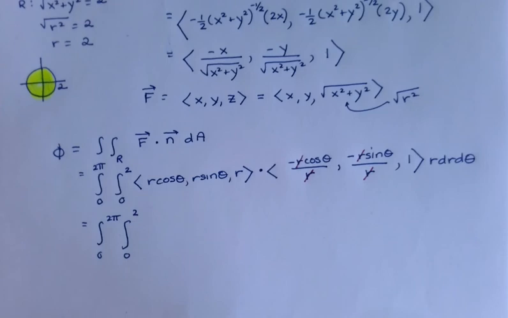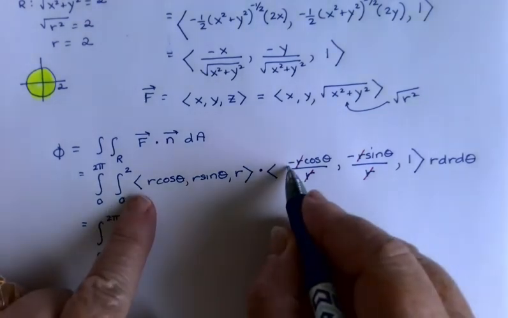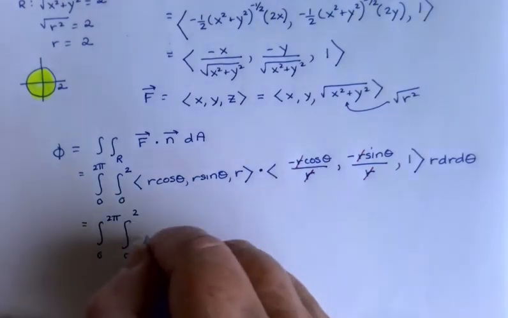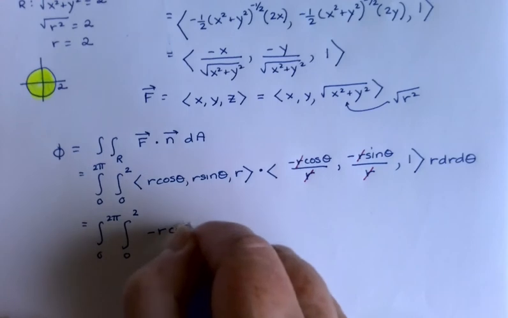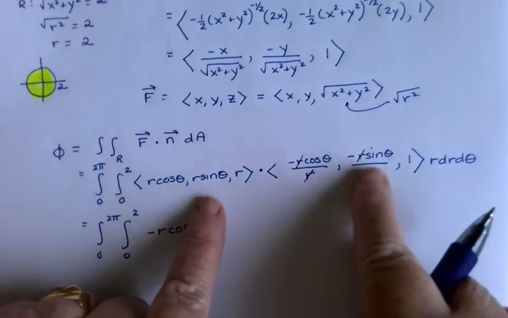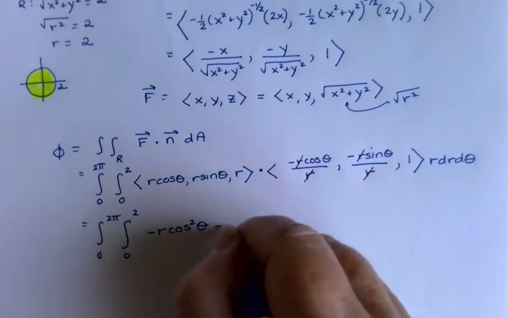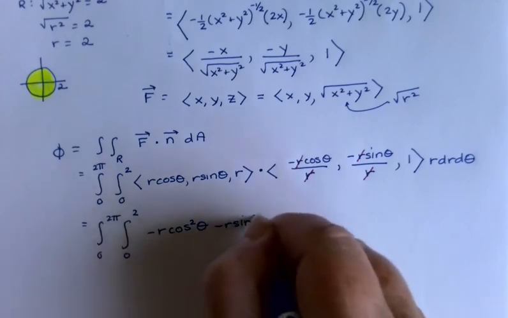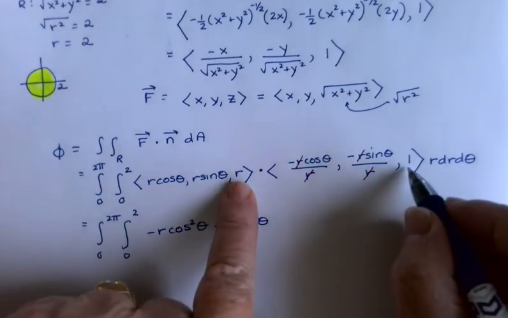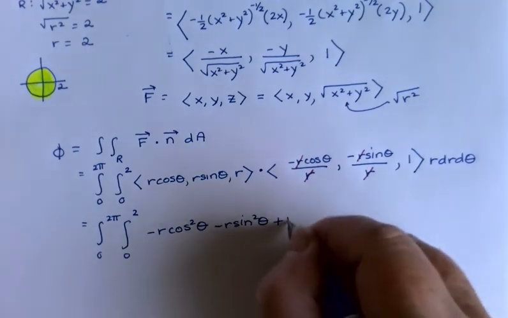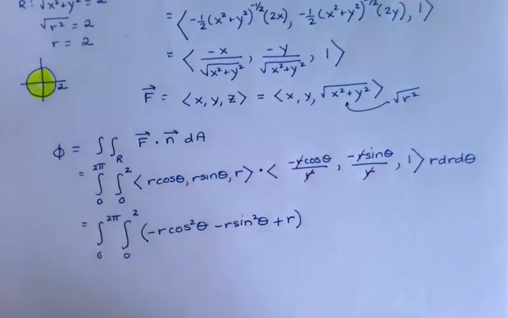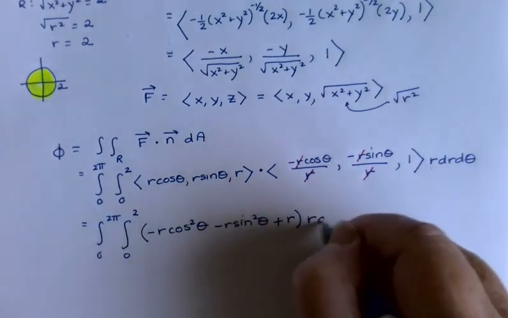So I'm going to have a negative r cos squared theta and then a negative r sine squared theta and then a plus r, r dr d theta.